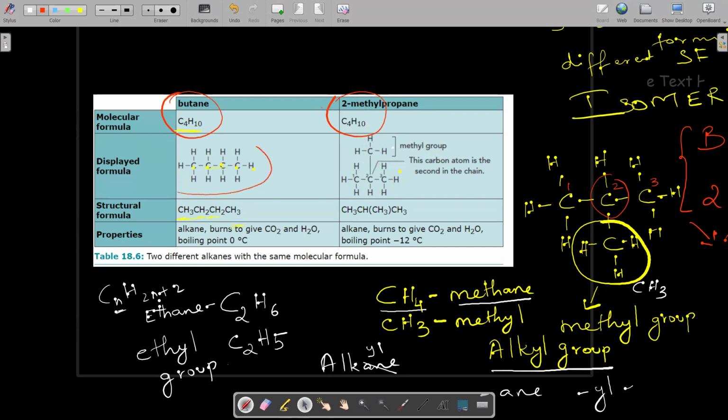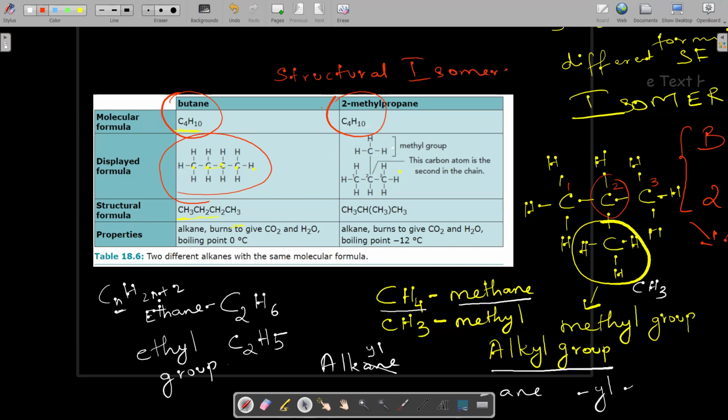Just look at the structures. It looks like a straight chain hydrocarbon, but here you have a branch chain hydrocarbon. So the structural formulae are different. Such compounds are called structural isomers.